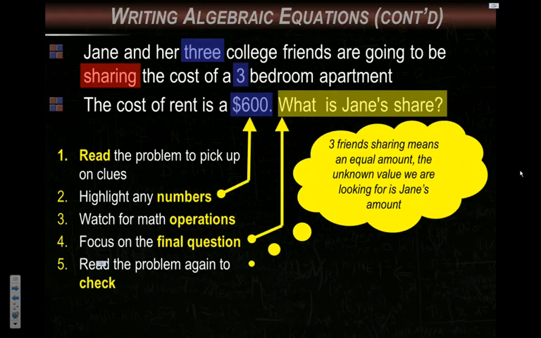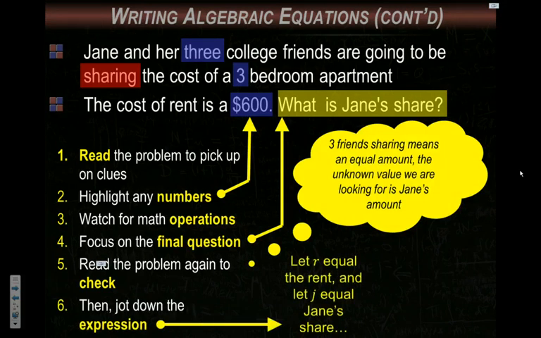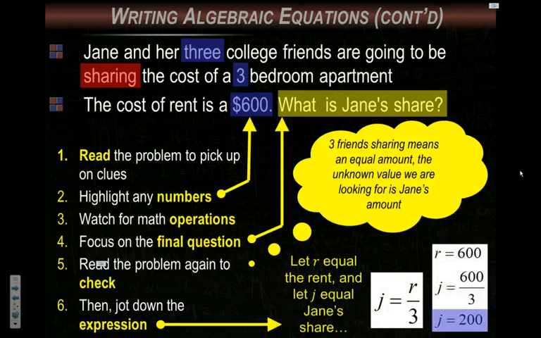The unknown value is what we're looking for. The unknown is Jane. Jane is what we don't know. Step 6, let's turn it into math. If R is the rent, and we know the rent is $600, and we divide it by the 3 people, and J is Jane, then $200 is what Jane is going to have to spend. It's actually an easy problem, but it's the way you translate it.